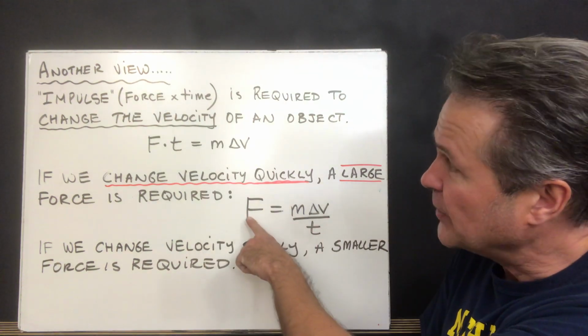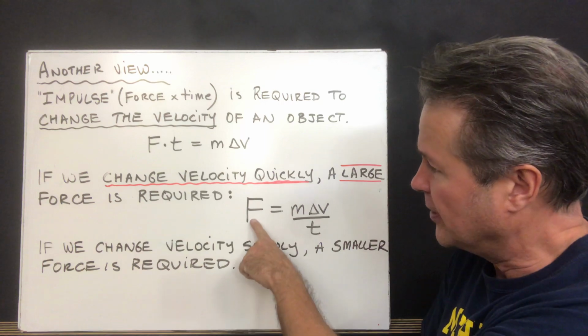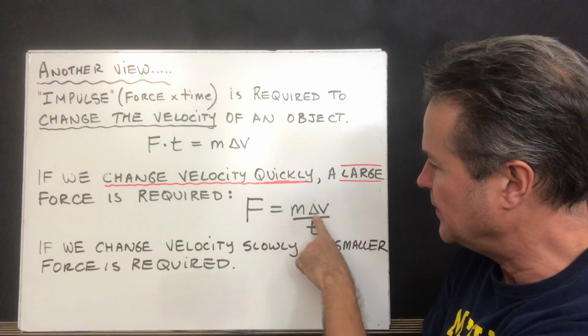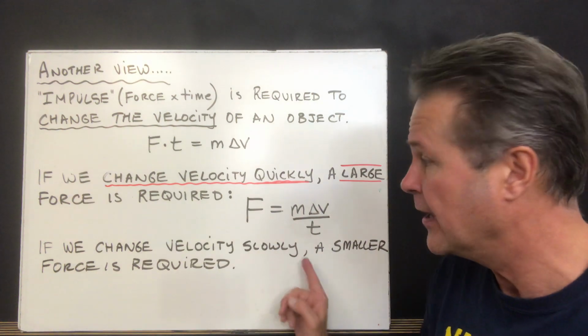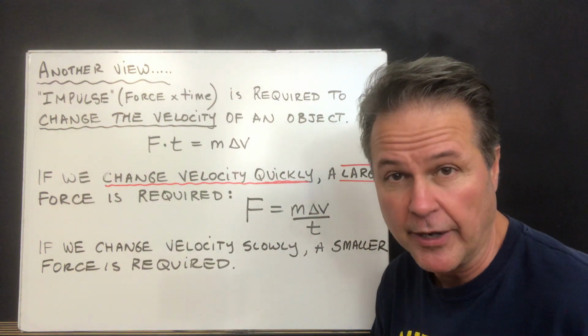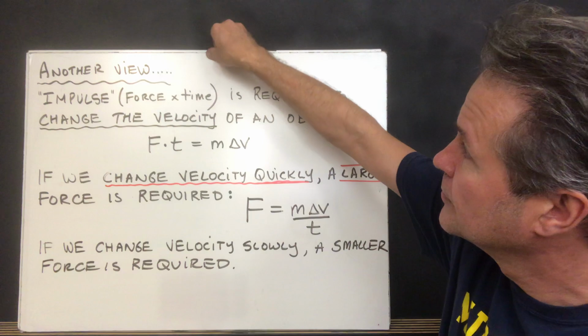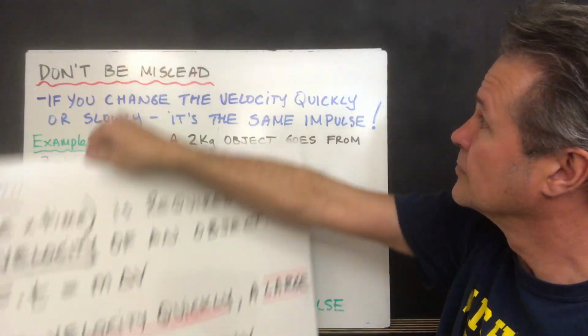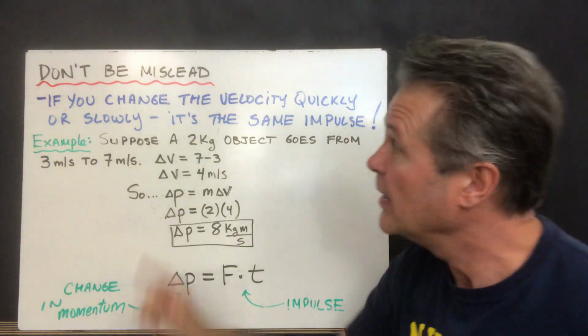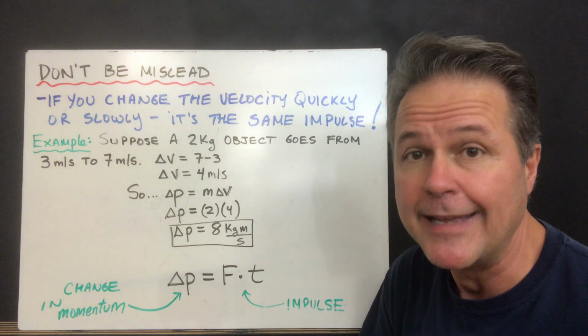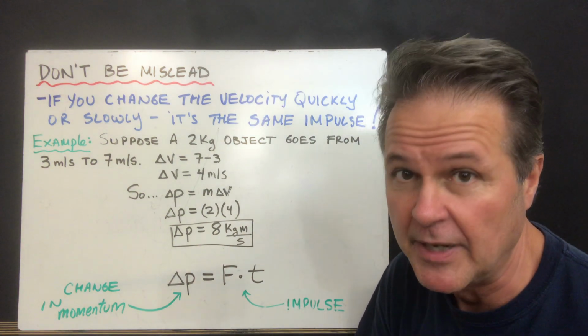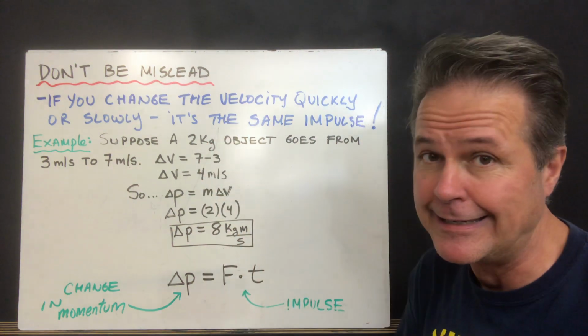And if we take this formula and rearrange it, F is equal to m delta v divided by t. And if we change the velocity slowly, a smaller force is required. So don't be misled. If you change the velocity quickly or slowly, it's the same impulse. Same impulse. This is a very key idea.